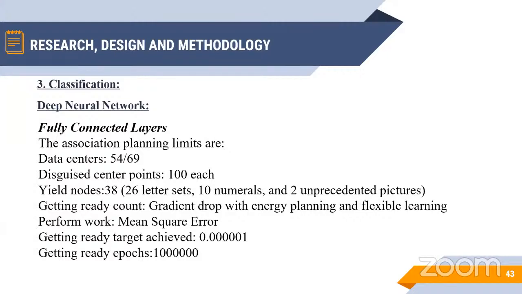So with the fully connected layer, the data center is 54 divided by 69, and the distinguished center of points is 100 each. Right? And the output nodes, that is 38. These all the layers are connected with the nodes in the deep neural network, right? So the performance function is the mean square error.